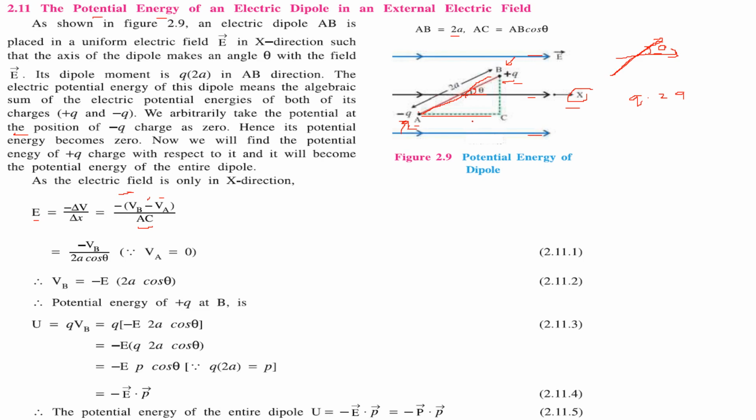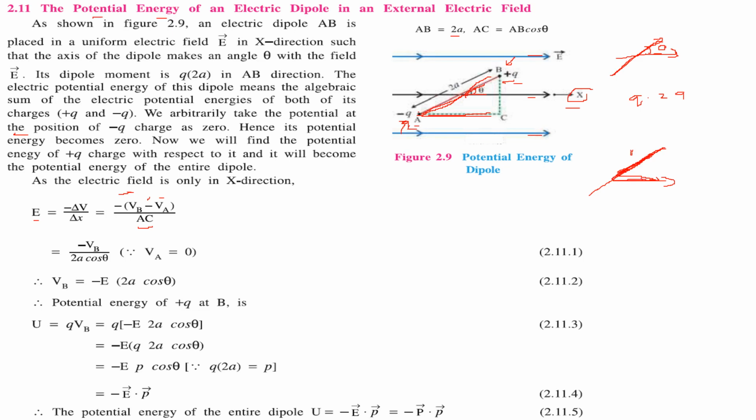And we are going to see AC. You will be amazed that we have to take this distance, but we are not taking this distance, but AC. AC is the distance because the electric field is in this direction and the dipole is in this direction. So we have to take the cos component of this, that is AB cos theta.